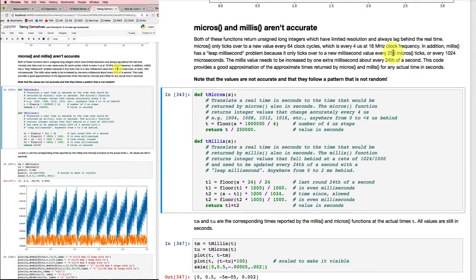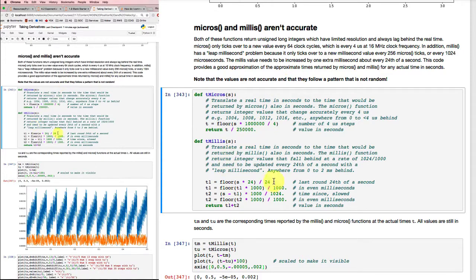So every 4 microseconds it ticks. 256 times 4 is 1,024 microseconds that have to go by to get counted as a millisecond. That means that we're going to lose about 24 milliseconds per second, so that every 24th of a second we're going to have to catch up. And the code inside the Arduino looks after that.